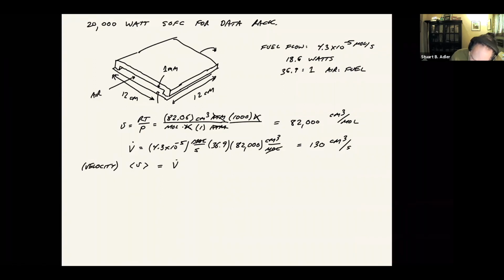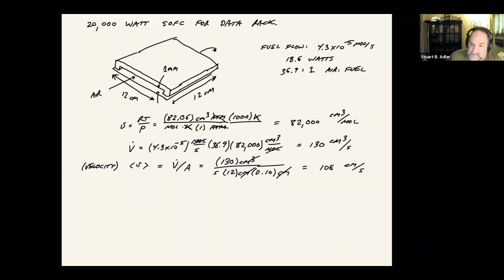This would be the volume flow rate divided by the area, and by area, I mean the cross-sectional area of flow. This would be 130 cubic centimeters per second, and then the area is 12 centimeters wide by 0.1 centimeters tall, because we're using a 1 millimeter gap. So that's about 1 meter per second.